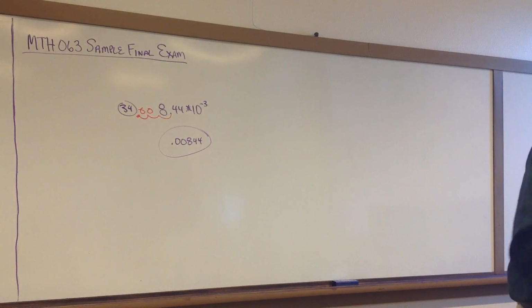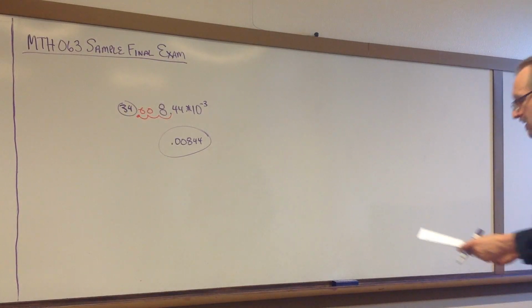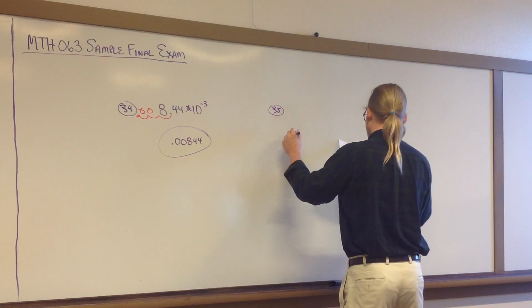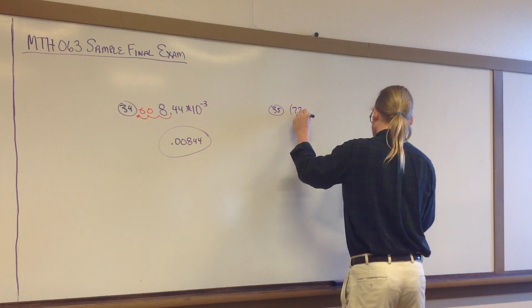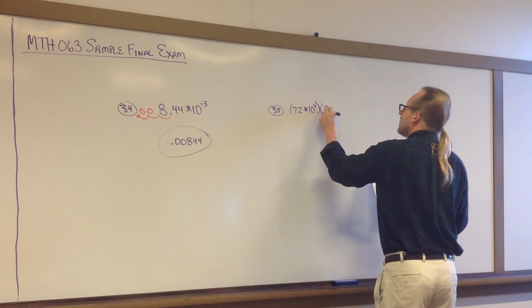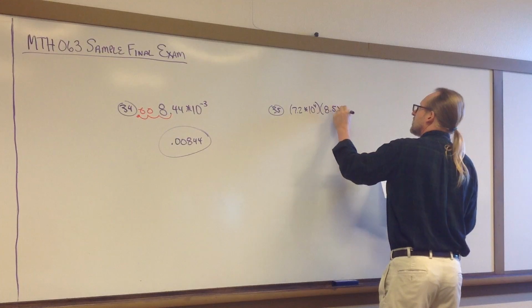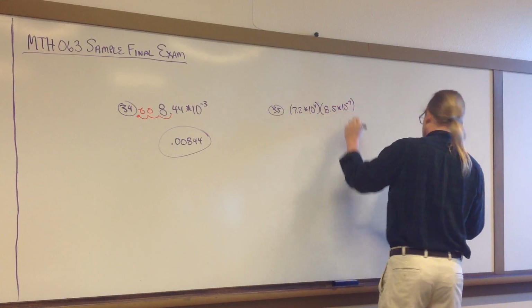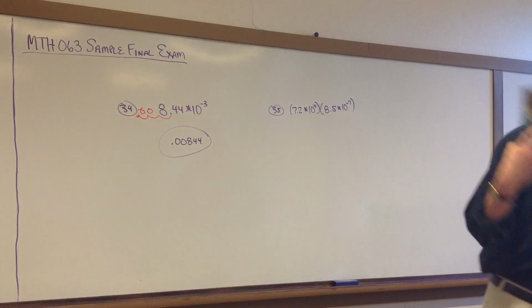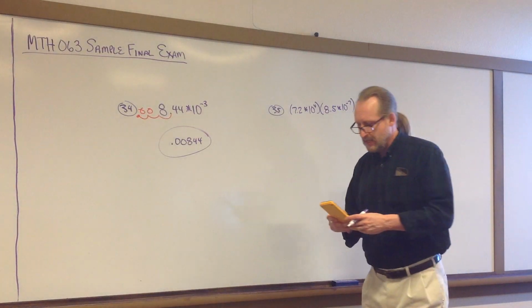Okay. Now we've got some scientific notation calculations here. Let's see, 7.2 times 10 to the 4th, 8.5 times 10 to the minus 7. And I talked a little bit about using the calculators to do scientific notation.